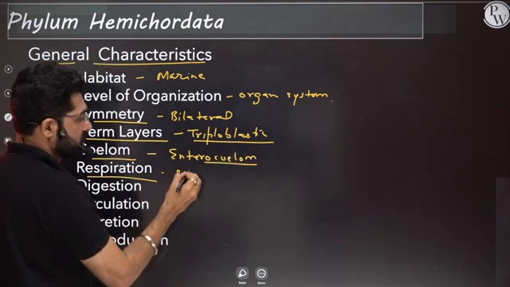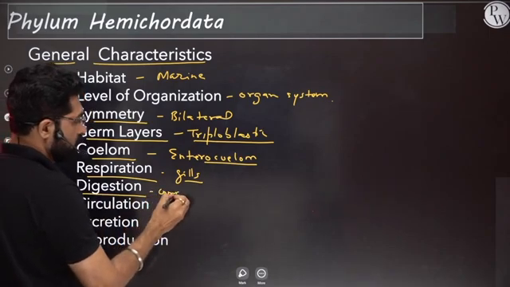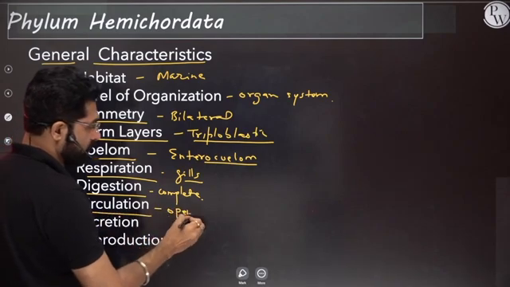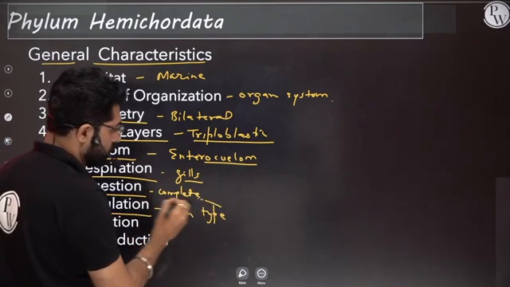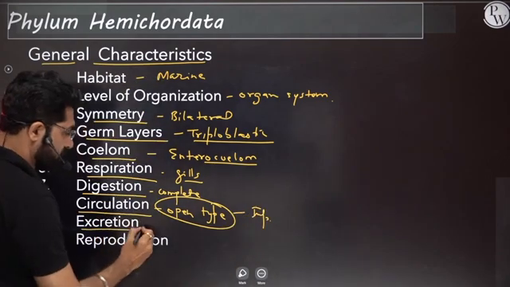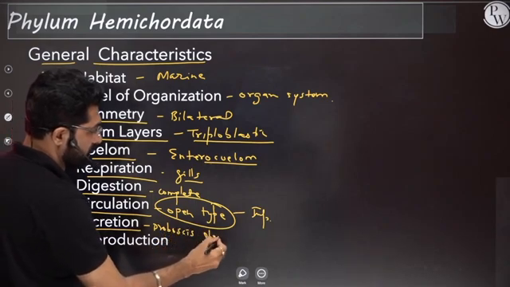Respiration by gills. Digestion is complete, they have a complete digestive system. Circulation is open type, very important, this question is usually asked. Excretion by proboscis gland. So the proboscis gland helps in excretion.